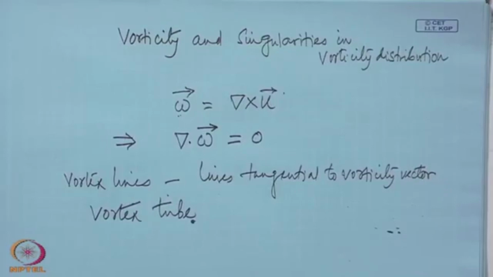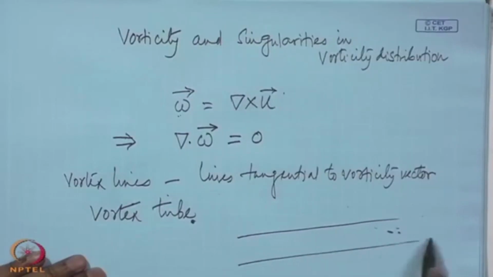Let us think about the vortex tube and one of its cross-sectional surfaces. Then the integration of the vorticity over that open surface area is called the strength of the vortex.